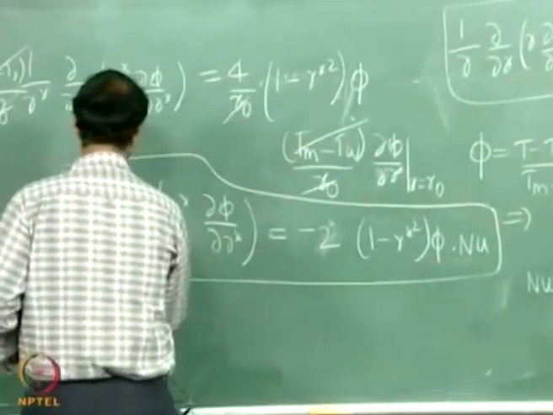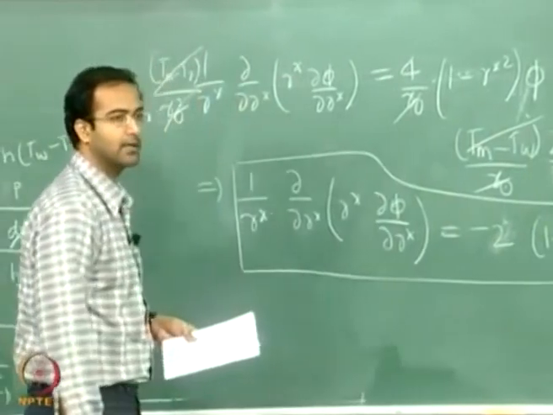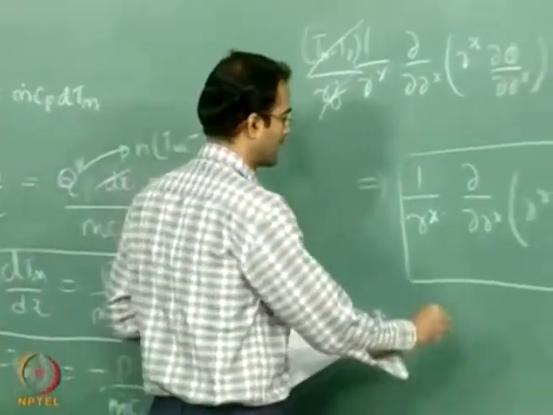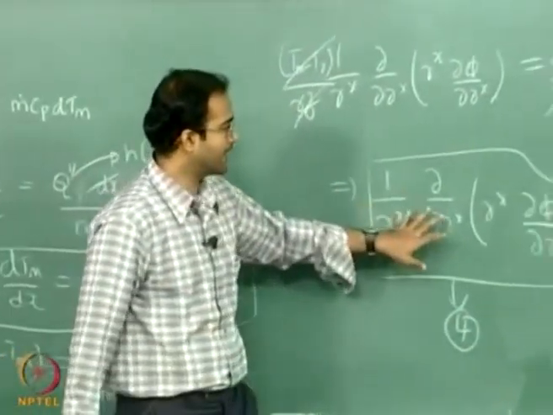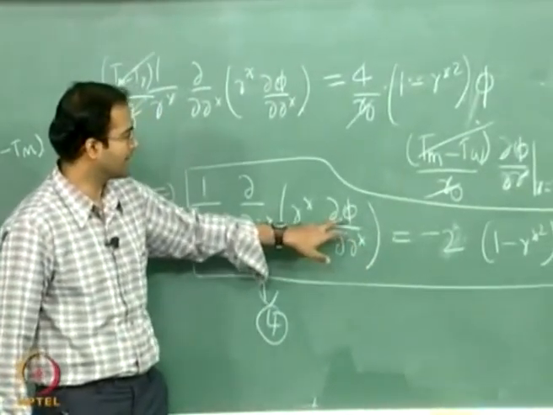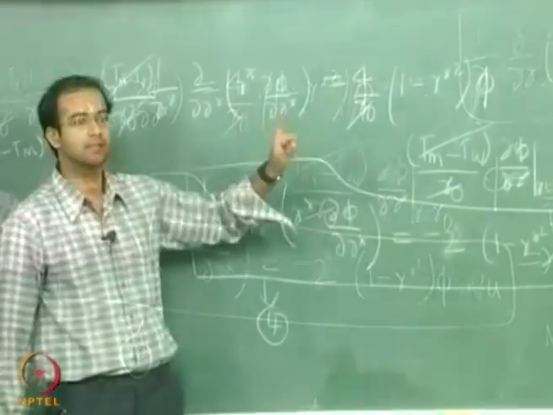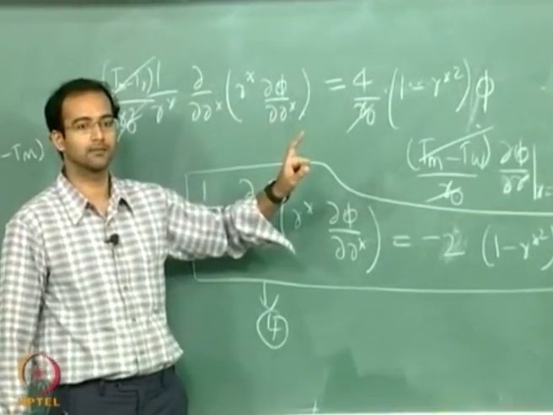This is my final expression. You see this has reduced to an ODE now. I will call this number 4. This entire expression is now a function of phi, and remember, phi is a function of only r.